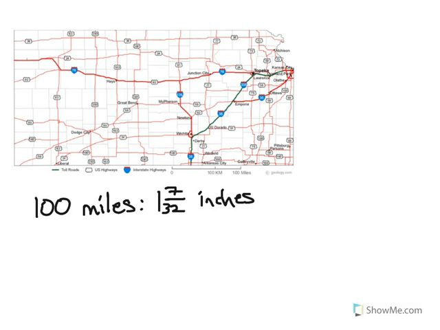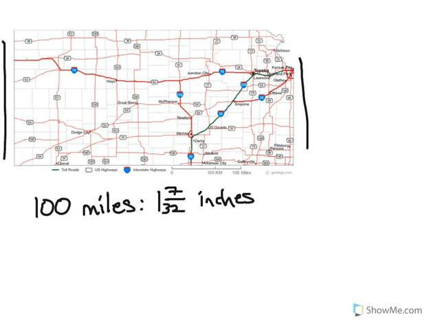As I've presented the map on my iPad, it's got a scale of 100 miles to 1 and 7/32 inches. So we're going to use that as a scale factor to determine the actual distance across the state. Now I've taken my ruler and measured from the eastern border to the western border already.